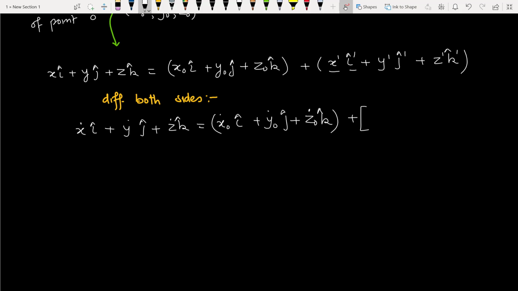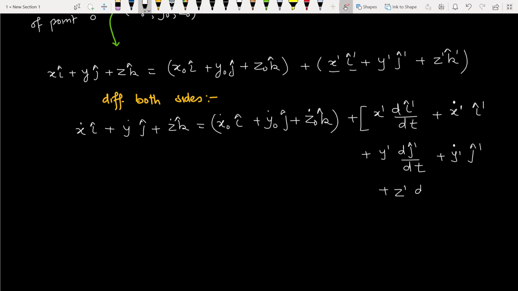So we will write it like this: x dash d I cap dash upon dt plus x dash dot I cap dash, y dash d j cap dash by dt, y dash dot j cap dash, z dash d k cap dash upon dt plus z dash dot k cap dash.